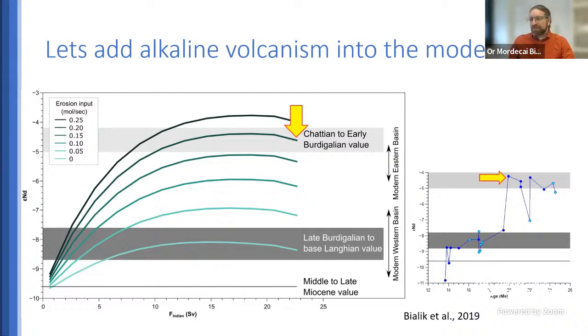So we start with a flux of maybe 22 Sverdrups coming in through this seaway. That's where we are in the earliest Miocene, until we hit 20 million years. And when we hit 20 million years, we see this big drop to around minus 8.